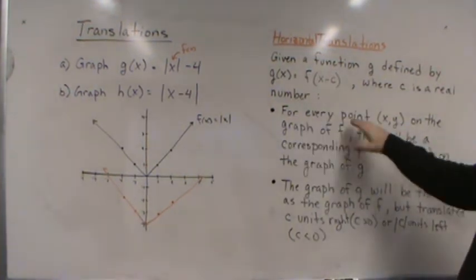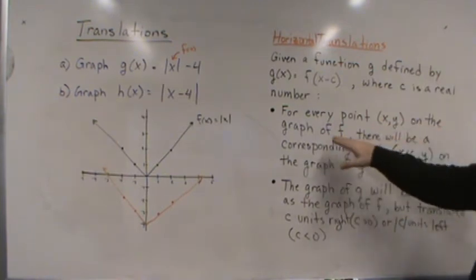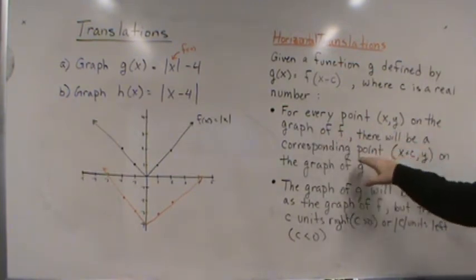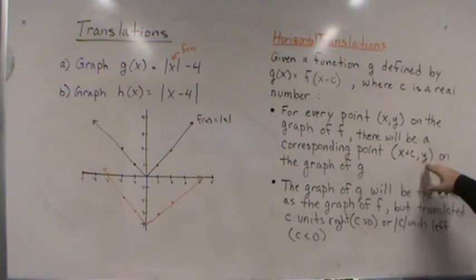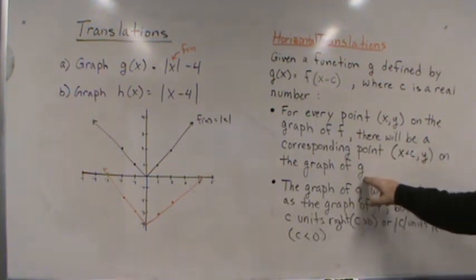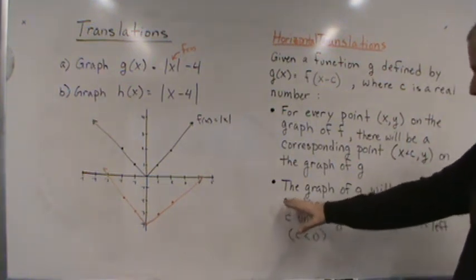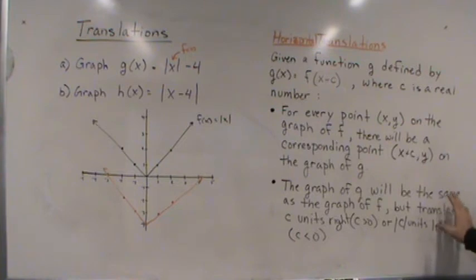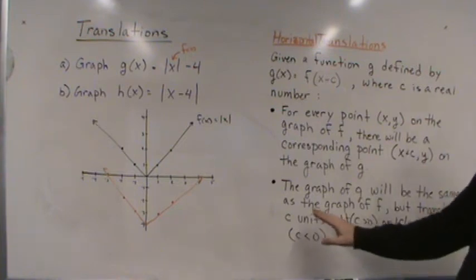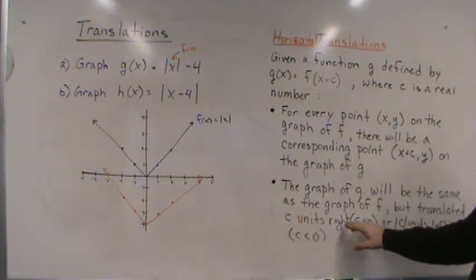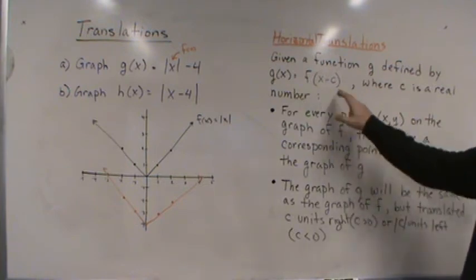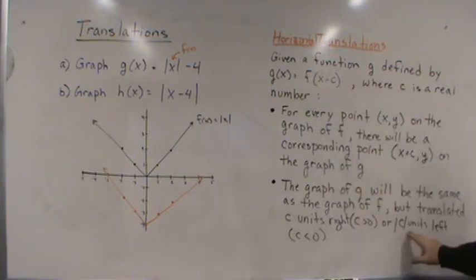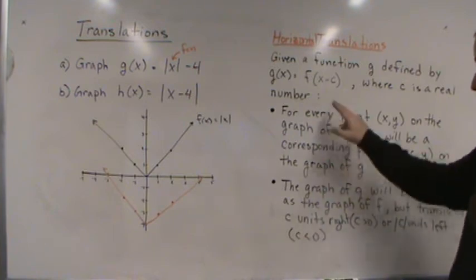So it says for every point x, y on the graph of f, there will be a corresponding point x plus c comma y that's also on the graph of g. And the second one says the graph of g will be the same as the graph of f, but translated c units to the right if c is positive, and c units to the left if c is negative.